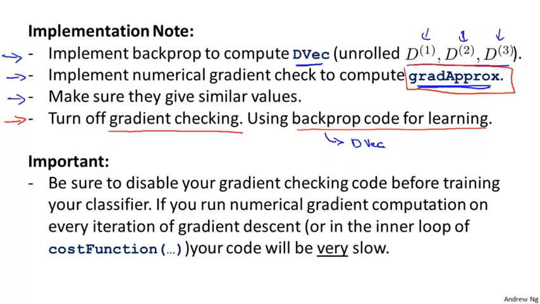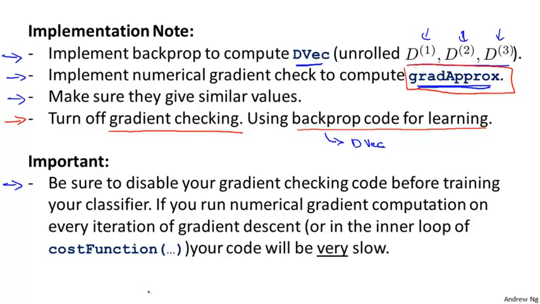So once you've verified that your implementation of backpropagation is correct, you should turn off gradient checking and just stop using it. Just to reiterate, you should be sure to disable your gradient checking code before running your algorithm for many iterations of gradient descent or for many iterations of the advanced optimization algorithms in order to train your classifier.